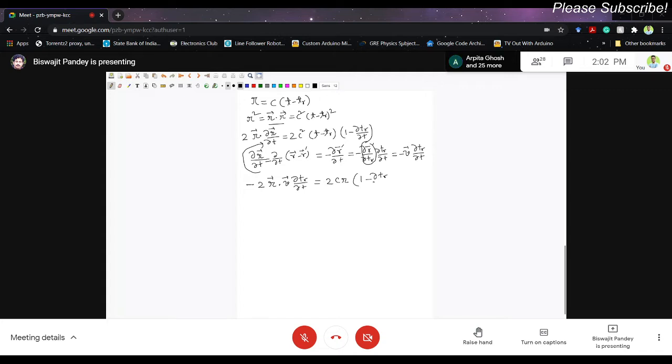So what is the value of del tr del t then? Del tr del t is equal to cr divided by cr minus r dot v. Take a cr common from the denominator, we'll get 1 over 1 minus r cap dot beta.